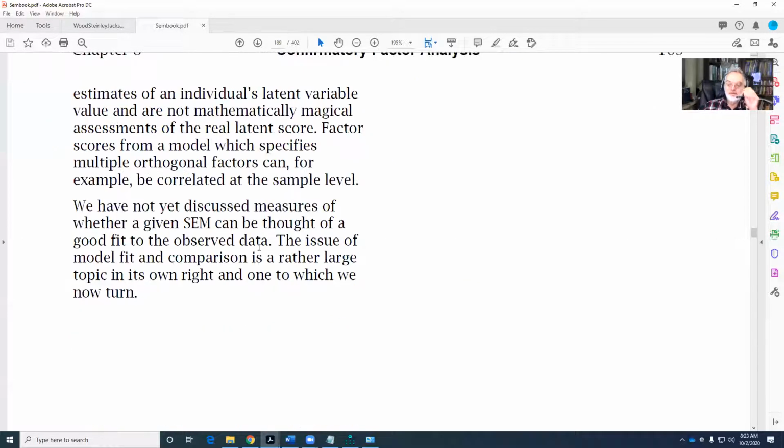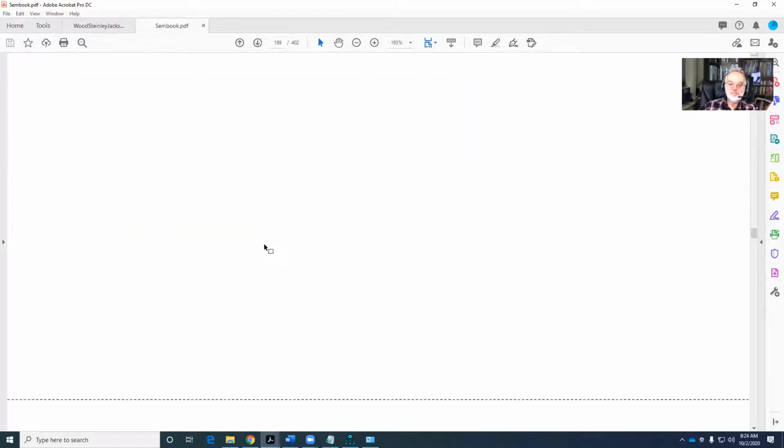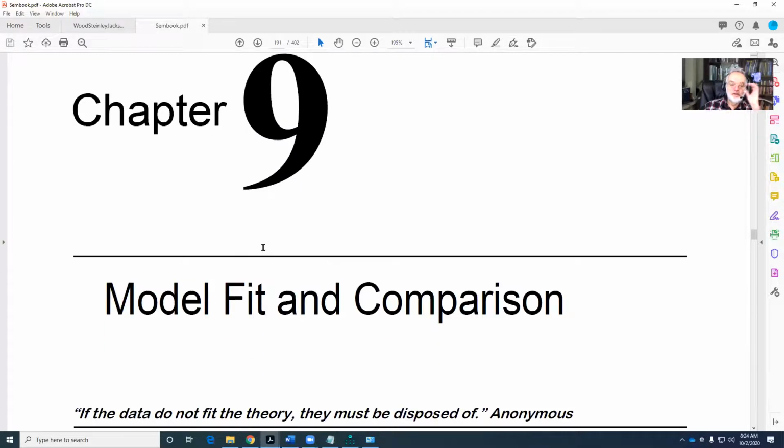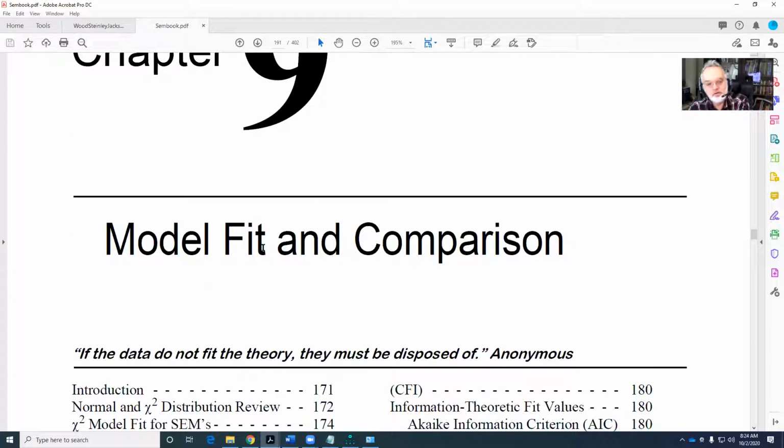Okay, let's turn to a discussion of model fit. The summary statement here is that whenever your model has fewer parameters than you have elements of the variance covariance matrix, you will not be completely reproducing the variance covariance matrix in your data.